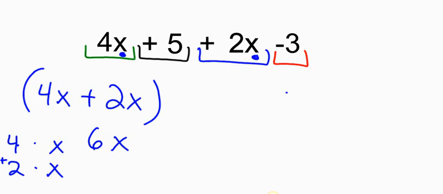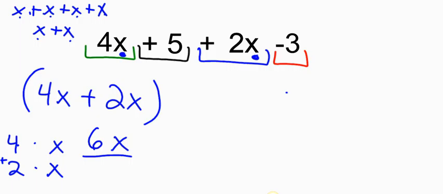You're really saying I have 4 x's, x plus x plus x plus x, and you're adding it to an x plus an x for a total of 1, 2, 3, 4, 5, 6 x's. All right, so we've simplified that. Now we want to group our numbers together that aren't attached to variables.